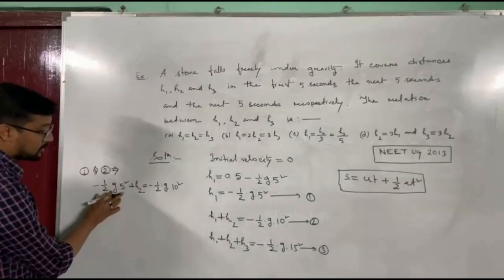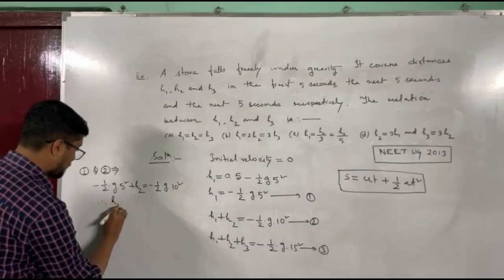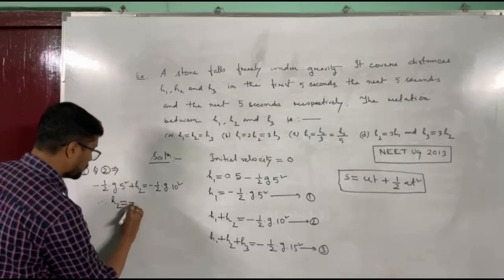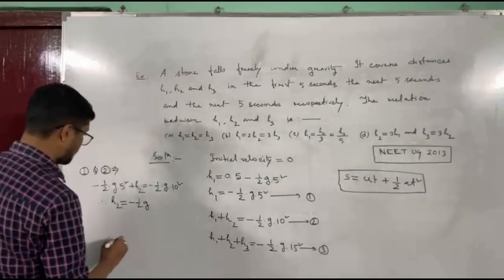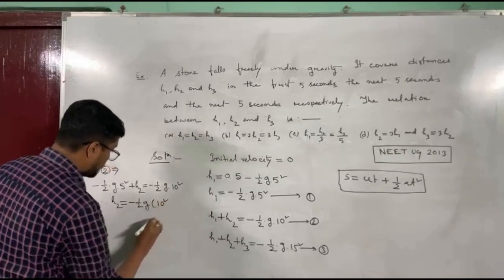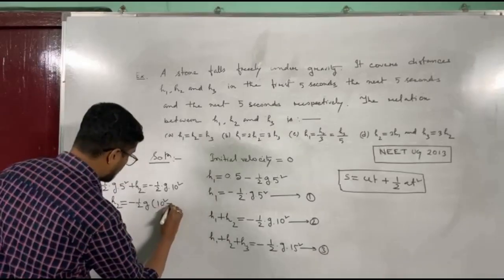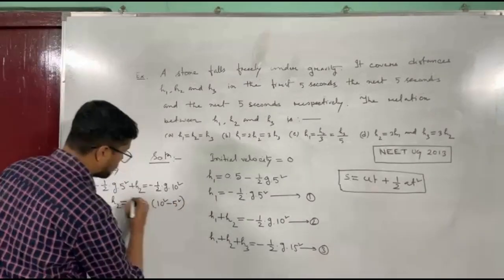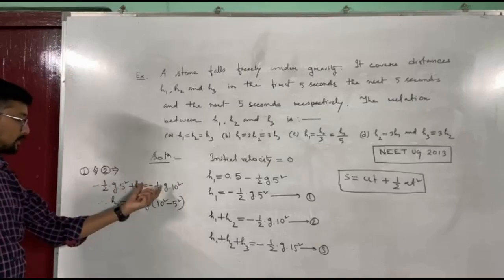If I bring this term to the right hand side, what I get is h2 is equal to half g, 10 square minus 5 square. When I bring this term to the right hand side, this becomes positive.